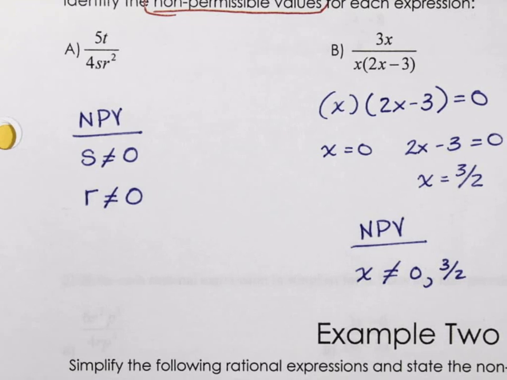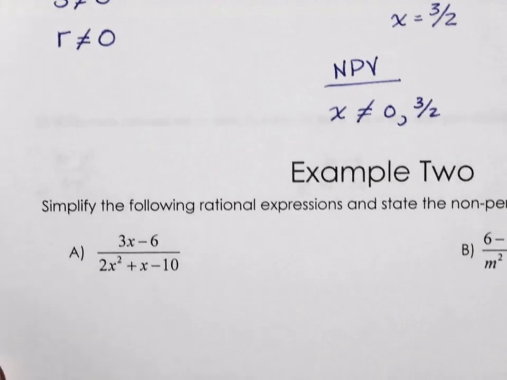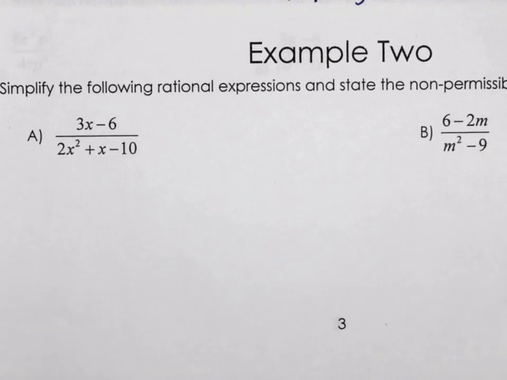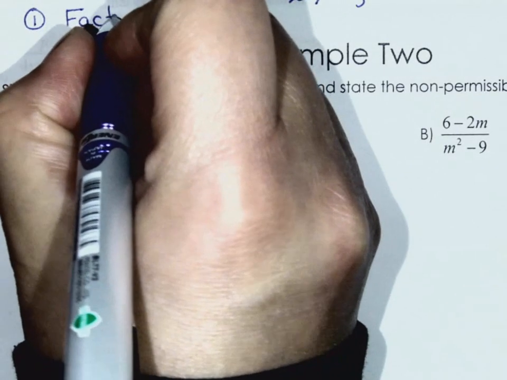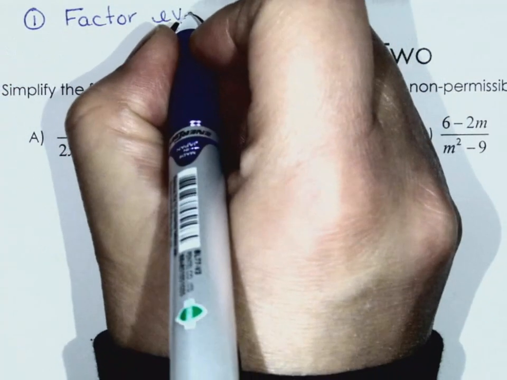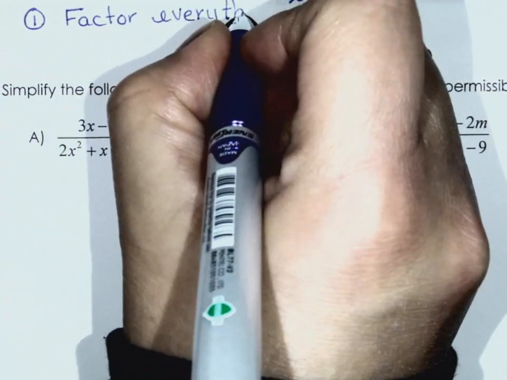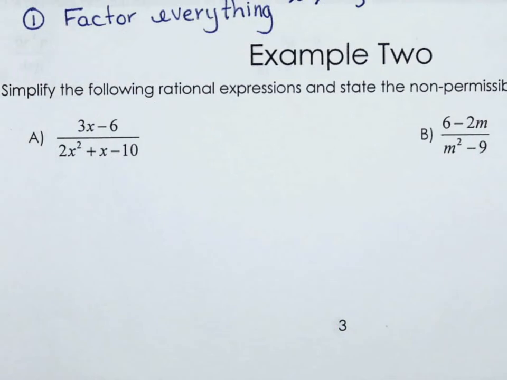All right, example number 2. So this is a little bit of grade 10, a little bit of grade 11, and a lot of brand new stuff. Anytime you're going to simplify, step 1, I want you to factor everything.